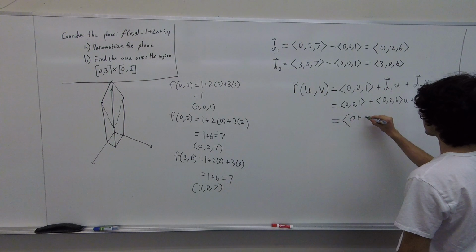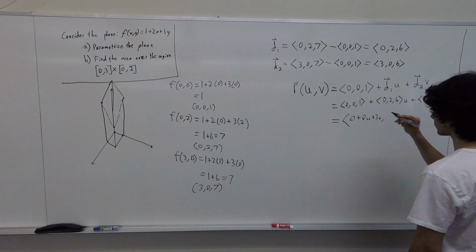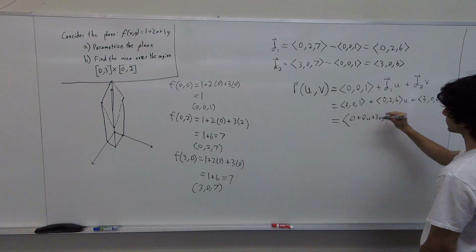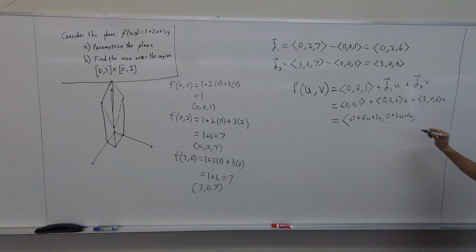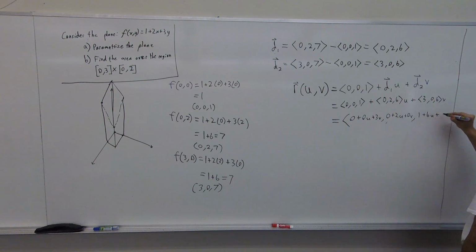0 plus 0u plus 0v, zero plus 2u plus 0v, and finally 1 plus 6u plus 6v.